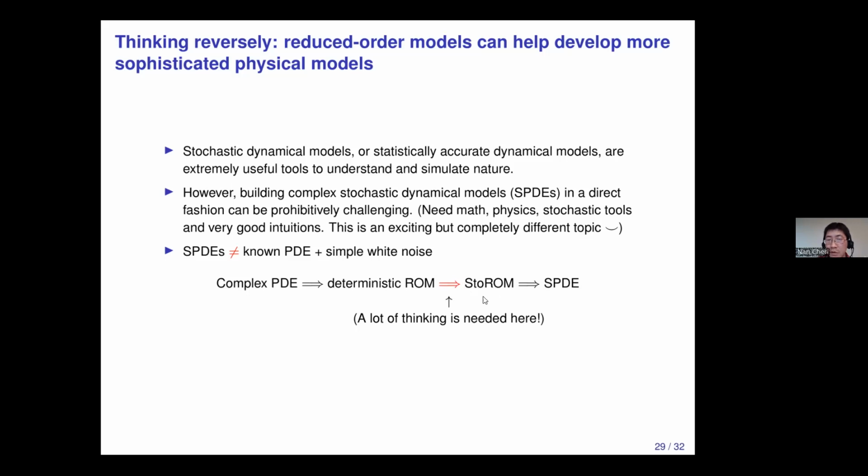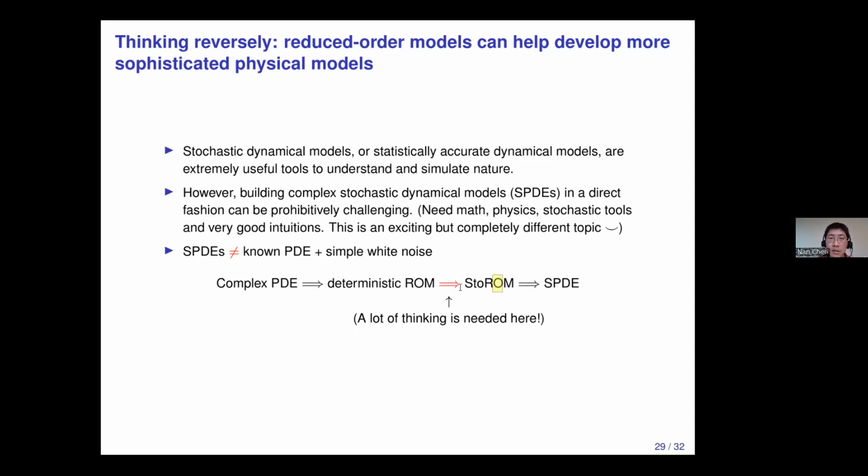And this is very important because deterministic models will miss a lot of statistical features. But once you have this noise term, you can make your time series really look like nature. Then starting from here, you take the philosophy you used in your stochastic reducer models, you build your stochastic PDE. So this is the entire process. And of course, you need a lot of thinking in this step.